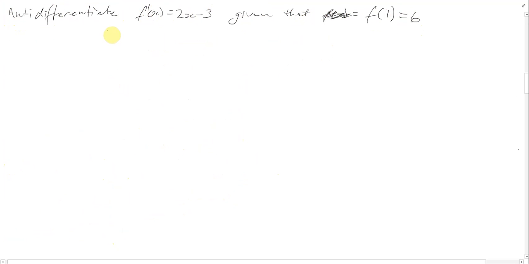So we're anti-differentiating this thing here, given that our original function at 1 is 6. So let's set that up.